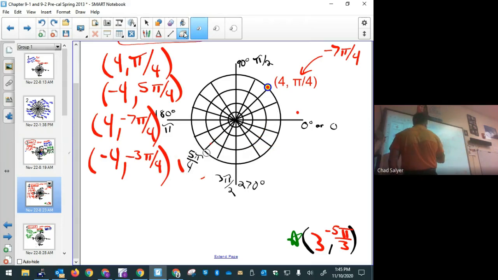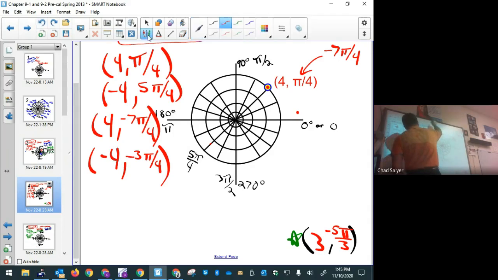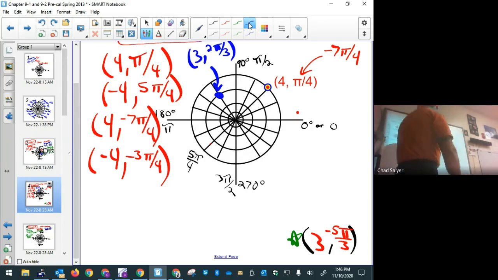So what if I were to give you another point? I want you to tell me the three other ways to express the point (3, 2 pi over 3).